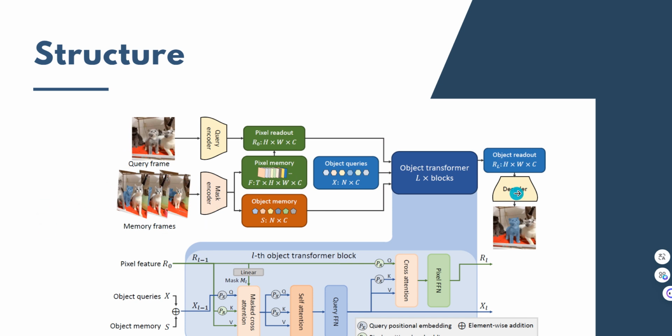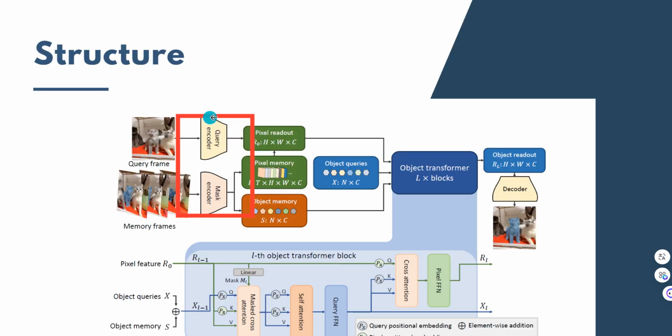And the point of the paper is the object transformer here. It is a series structure, so it has not only one transformer but several transformer structures here.